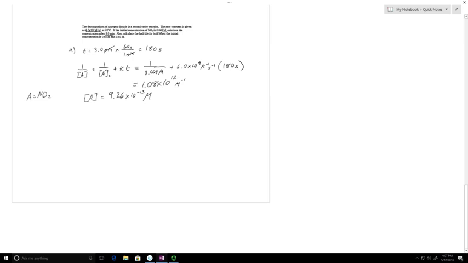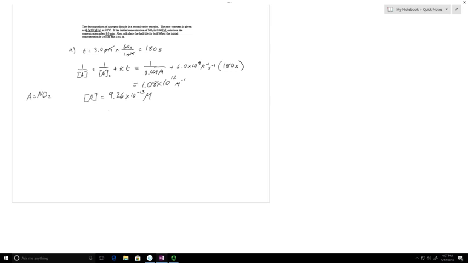So in the course of 180 seconds, 3 minutes, we went from a relatively modest molarity down to practically nothing. This would be nearly undetectable under most circumstances. So the reactant is pretty much used up.